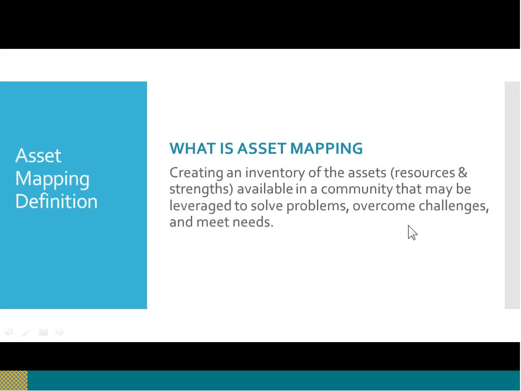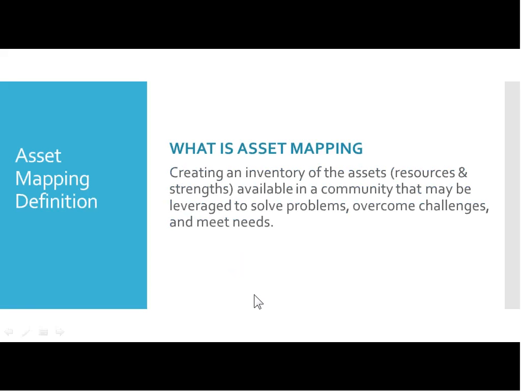In the case of early learning hubs, asset mapping is focused on bringing together resources from those 5 sectors. Those 5 sectors being K through 12, health, social and human services, early learning and pre-kindergarten, and business. It's just essentially a framework. It's a framework for systematically identifying these assets that can be leveraged to achieve targeted outcomes.